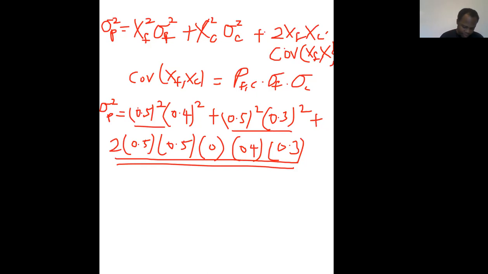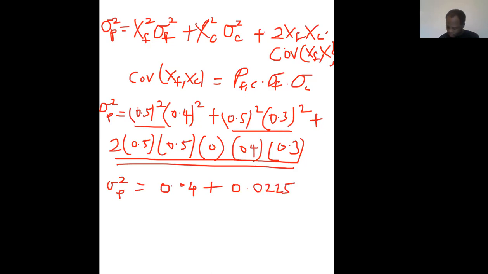Then the portfolio variance is equal to 0.5 squared times 0.4 squared, which is 0.04, plus 0.5 squared times 0.3 squared, which is 0.0225.